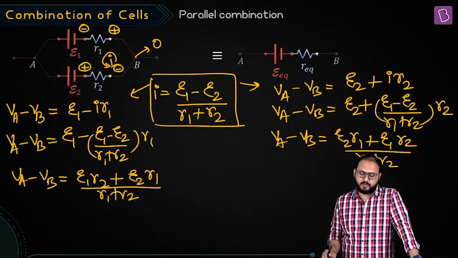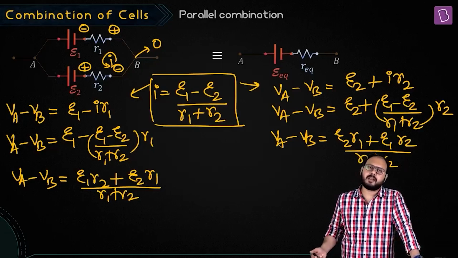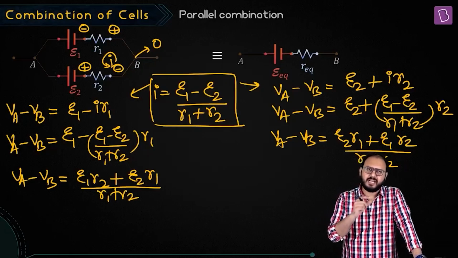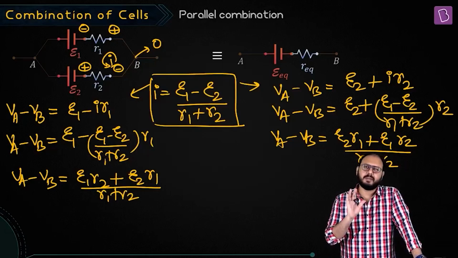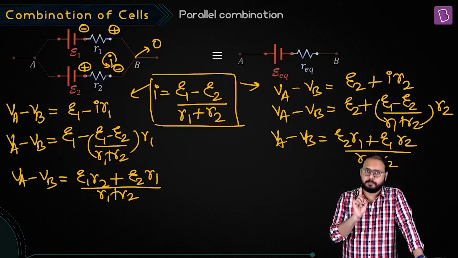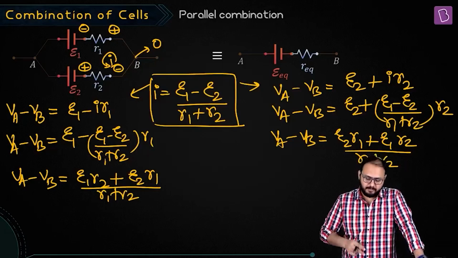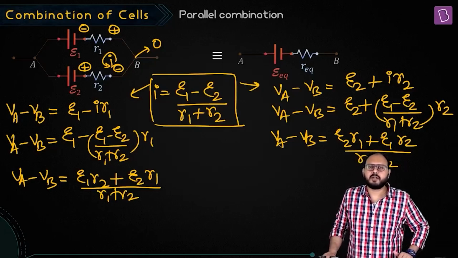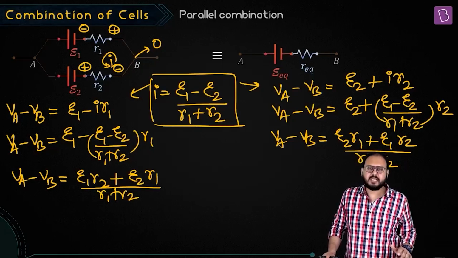Before that, what about internal resistance? Now they are in parallel. When you imagine this, I'll give you a tip. To find out what happens with the internal resistance, forget the battery for a while. It's a tip, not a statement. They are in parallel. So what is the R equivalent? 1 upon R equivalent is 1 upon R1 plus 1 upon R2. What is the E equivalent?